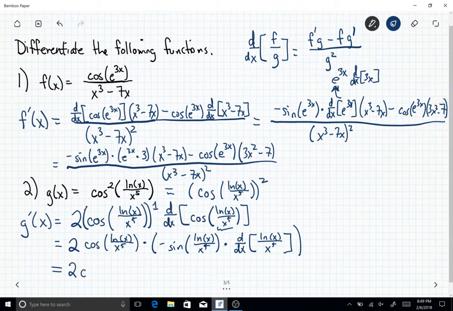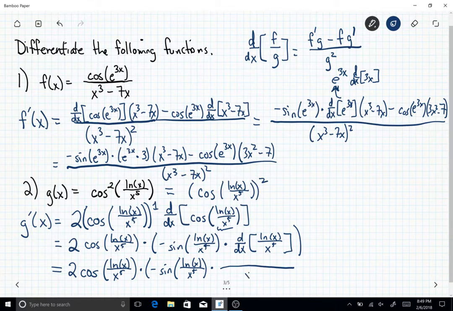So you have 2 cosine of natural log of x over x to the 5th times negative sine natural log of x over x to the 5th. And so this one isn't too bad. Times, so first thing you do, you square the denominator. So we'll try and do this kind of in one step. If I take x to the 5th and I square that, what does that become? Well, it's not too bad.